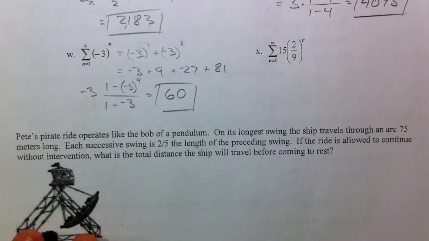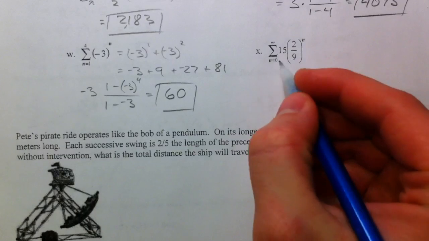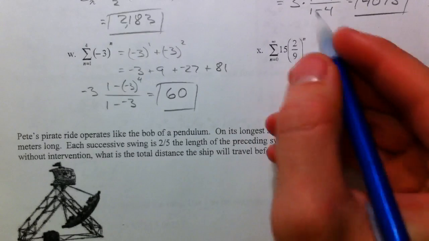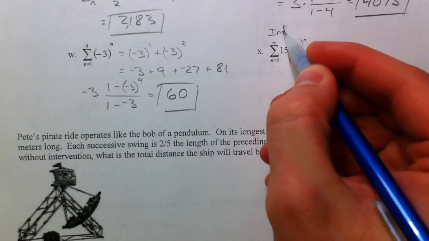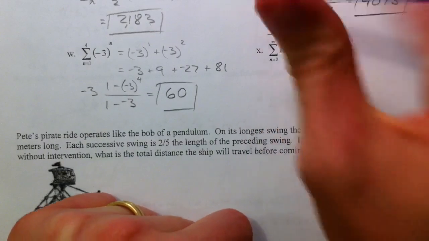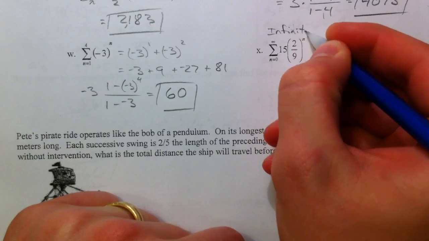And in this next one, we're going to add up the numbers from 0 all the way to infinity. And so this is what we call an infinite geometric. Infinite, because we're never going to stop adding.